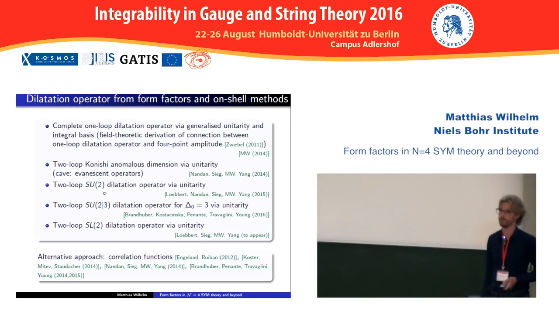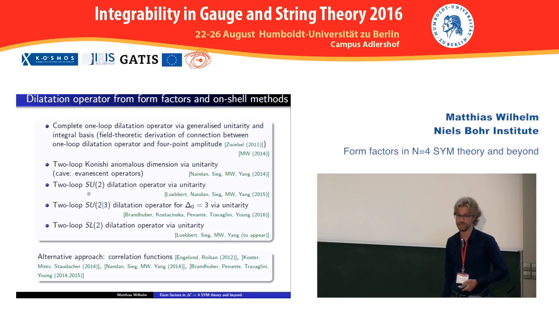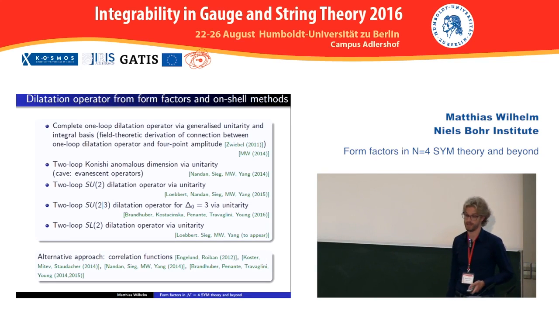At two-loop order, we have also shown how to obtain the Konishi anomalous dimension and the SU(2) dilatation operator this way. Note that in the former case, evanescent operators play an important but subtle role. Recently, the Green-Murray group has also used this to obtain the mixing matrix of classical dimension 3 operators in the SU(2|3) sector.